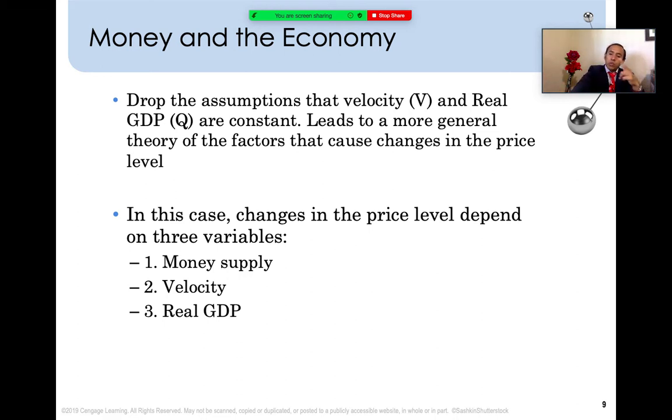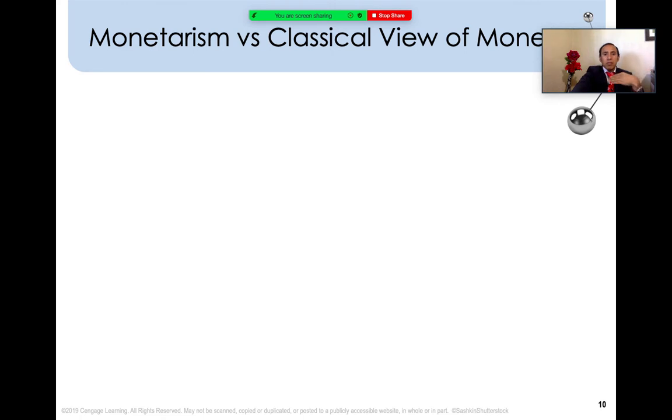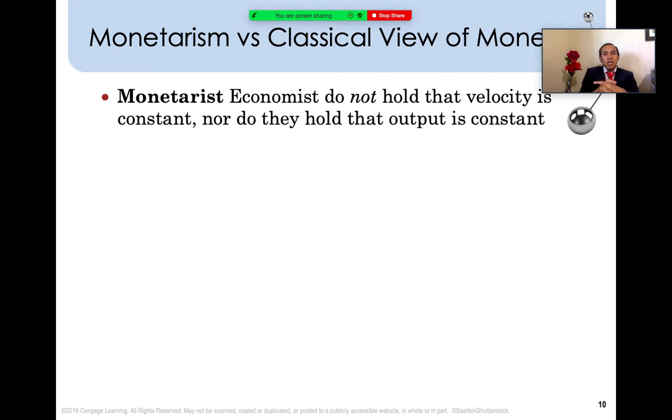This is leaning more towards a different perspective of money and the economy, how money may function. This is referred to as the monetarist view of the money supply and circulation in the economy and how it influences economic activity, which is a little bit different than the classicals. The monetarists are individuals that believe that the velocity is not constant.